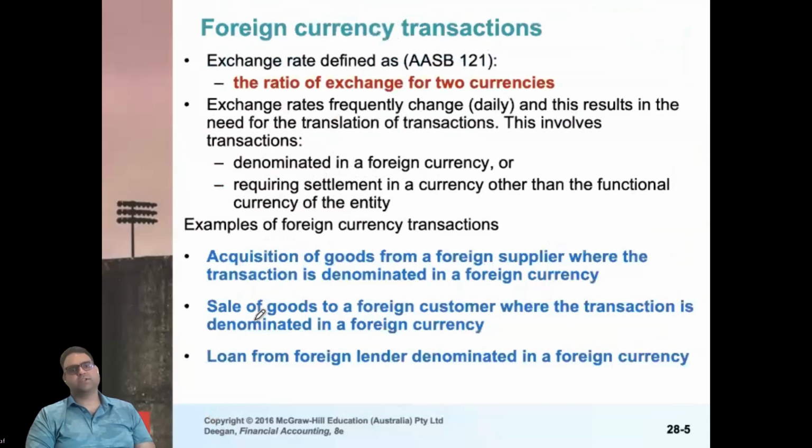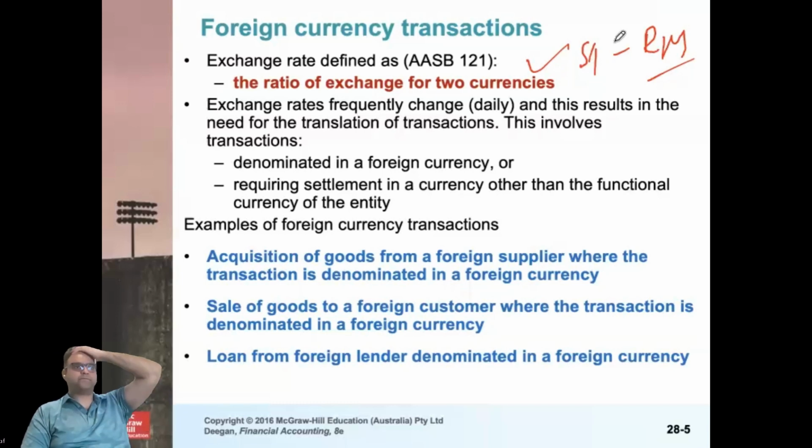So what is the exchange rate? Exchange rate means the ratio between two currencies, like US dollar to RM. That's the exchange rate. I think you are quite familiar with this simple concept. Then, the exchange rate currently changes a lot. For example, today the dollar to Aussie dollar was 4.444.